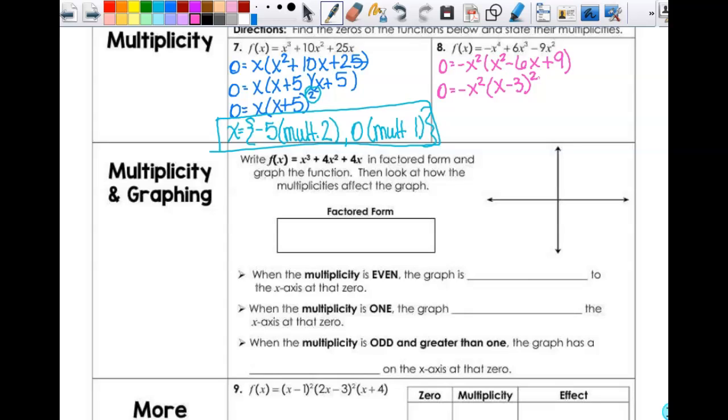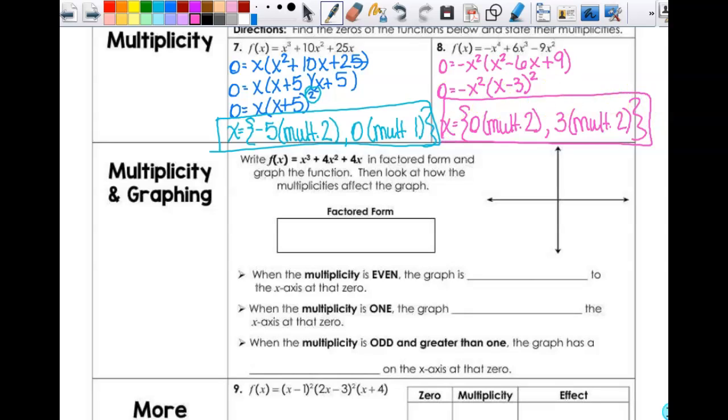Just make sure that you put them together and then make it squared. Okay? So then my zeros, I have a positive 3 and a 0. So 0 has a multiplicity of what? 2. And then the 3 has a multiplicity of what? 2. They both do.